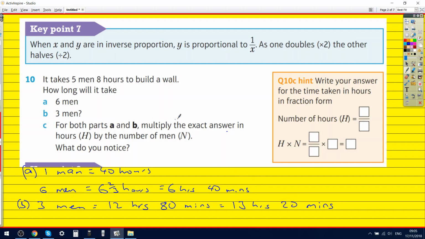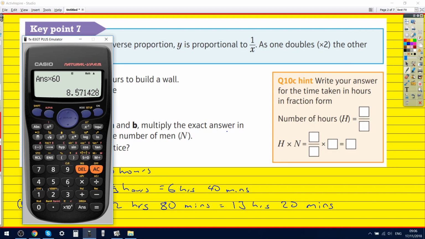For both A and B, multiply the exact answer in hours by the number of men. What do you notice? So 6 times 6 2/3. Oh, you get 40.